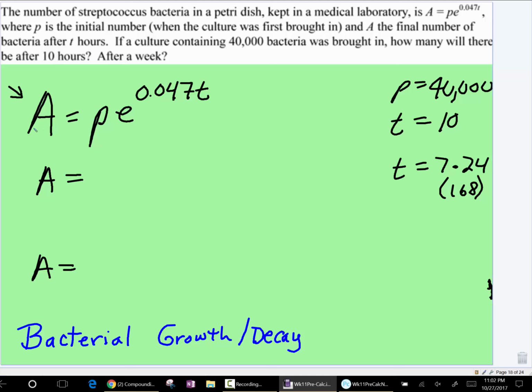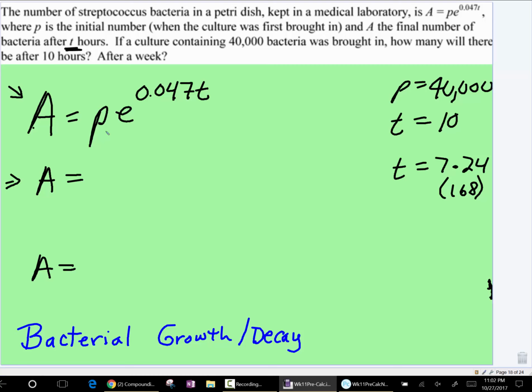So initial, final, after a certain number of hours. And then they give you, if a culture containing 40,000 bacteria was brought in, how many bacteria will there be after 10 hours and after a week? So let's do the 10 hours one first.